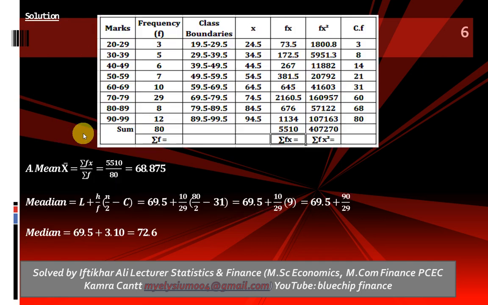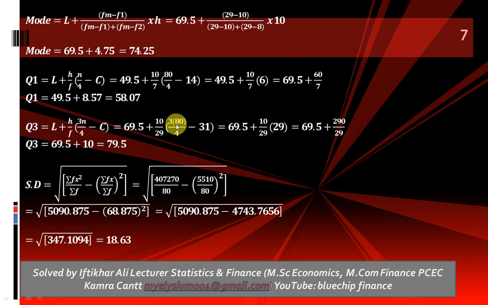So the same model class will be selected once again. So 69.5 is L, h is 10, f is 29, 3n by 4 is 60, and c is 31. So quartile 3 will be 79.5.